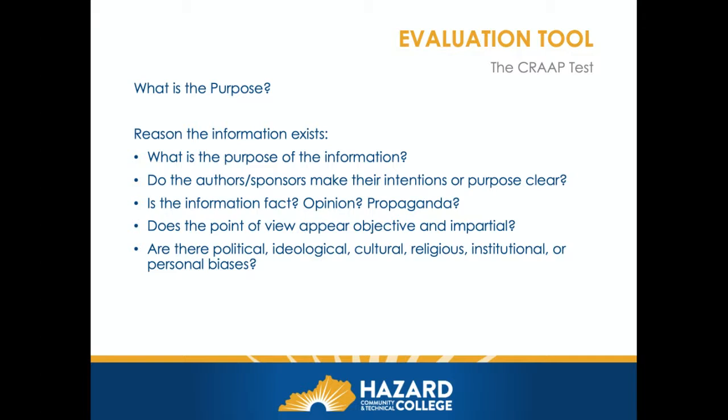Does the point of view appear objective and impartial? And this is a big one. These are probably what you're going to run into the most, because it's nearly impossible for a lot of these online sources, these news sources, to not have some kind of bias. These might be political, ideological, cultural, religious, institutional, or personal, because biases are obviously intrinsic in people. There are flaws.